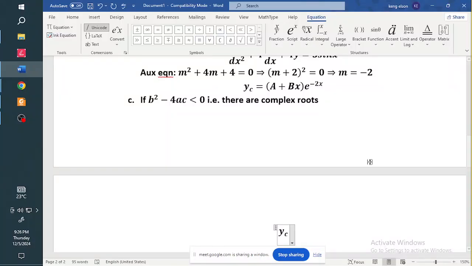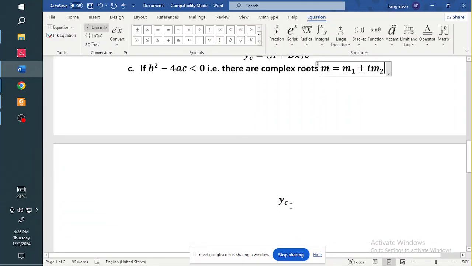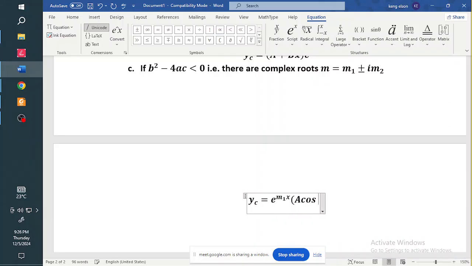So in this case, let's just say that the roots are of the form m equal to m1 plus or minus i m2. Yes, I'm just writing it for writing's sake. So I'm going to have e to the power m1x times (a cos m2x plus b sine m2x).